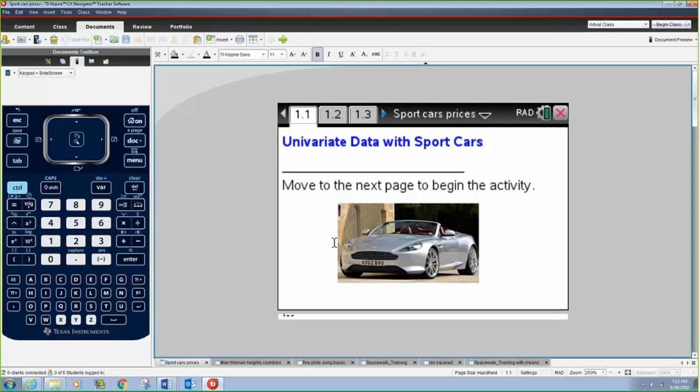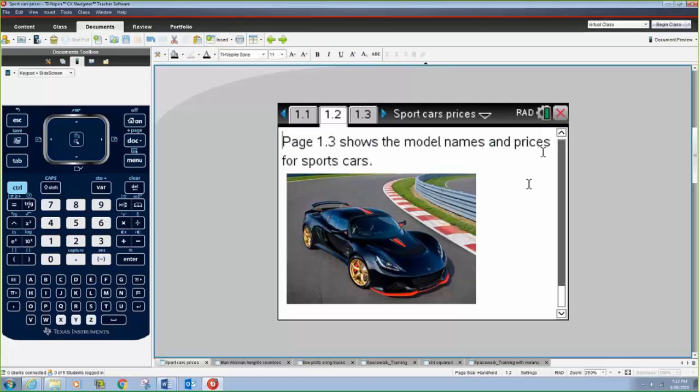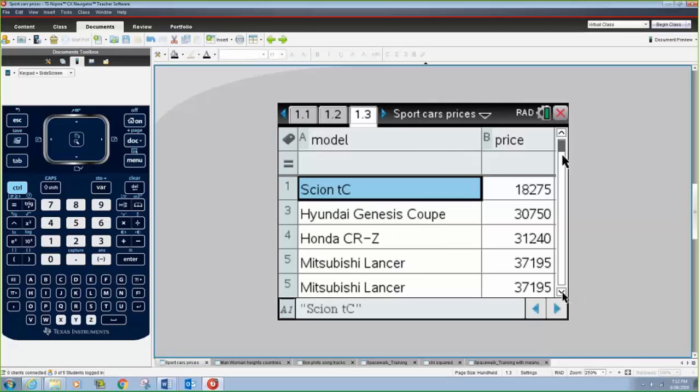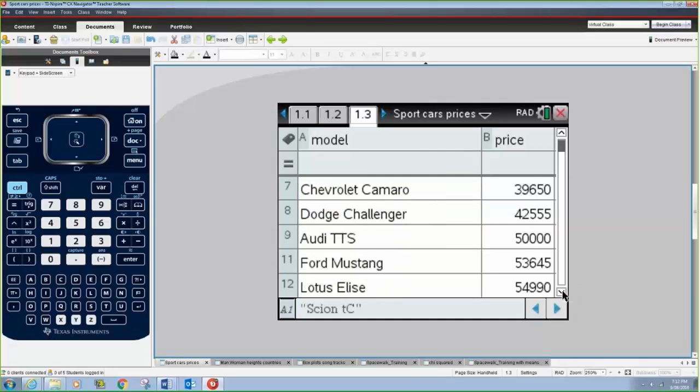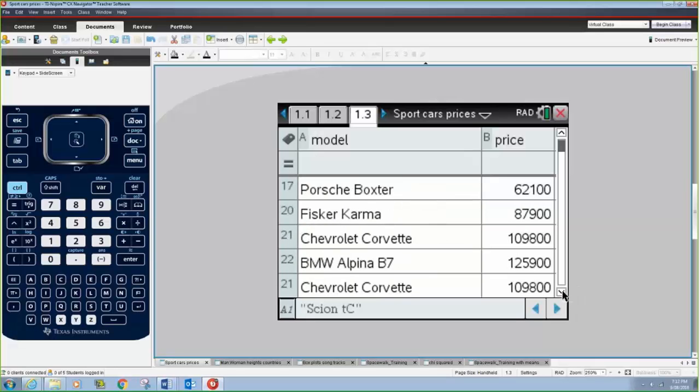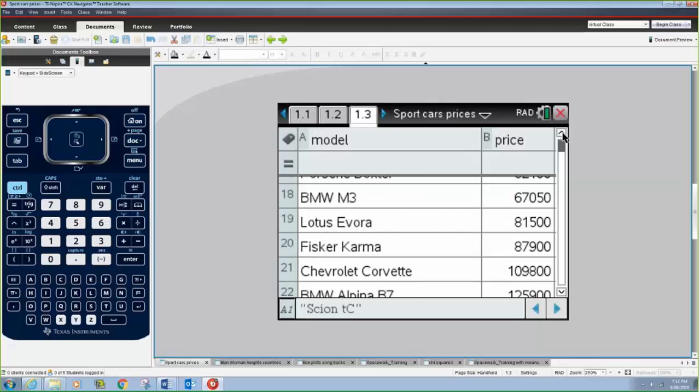And now from here, from just numbers, we can go to something more interesting. And here I have the data which shows the model names and prices for some sport cars. So some selection here, and the students, usually boys, are quite interested in those.